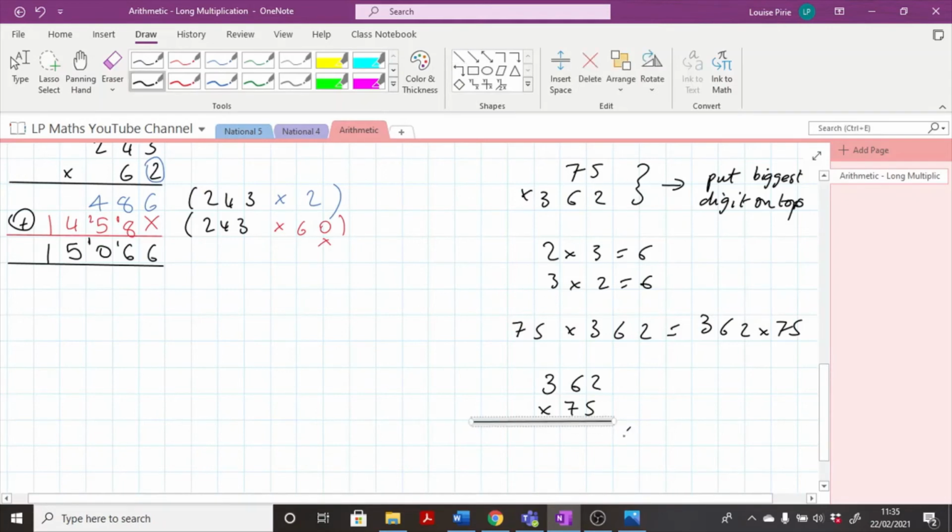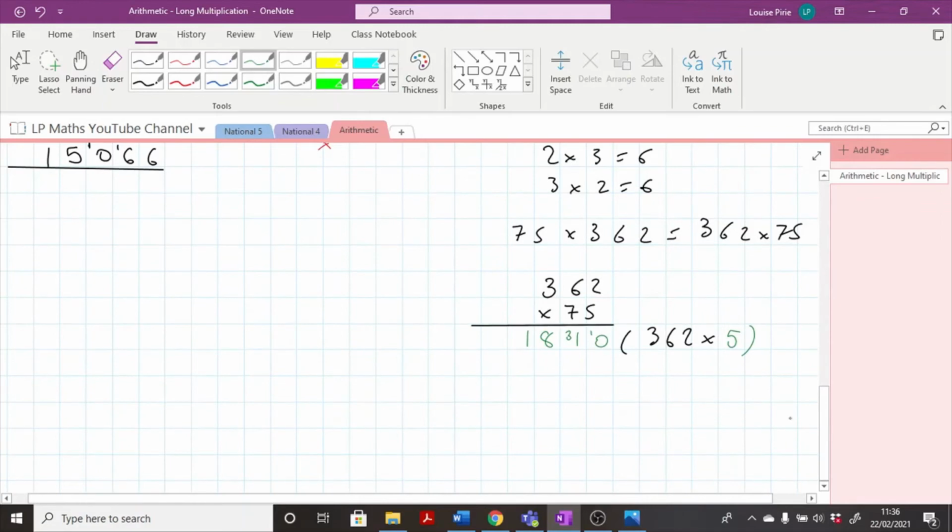And we are going to do 362 multiplied by our units number, which in this case is 5. 5 2s are 10, 5 6s are 30 plus 1 is 31, 5 3s are 15, 15 plus 3 is 18, so that's 1810. Now what we're going to do is the 362 and we're going to multiply it by 70.